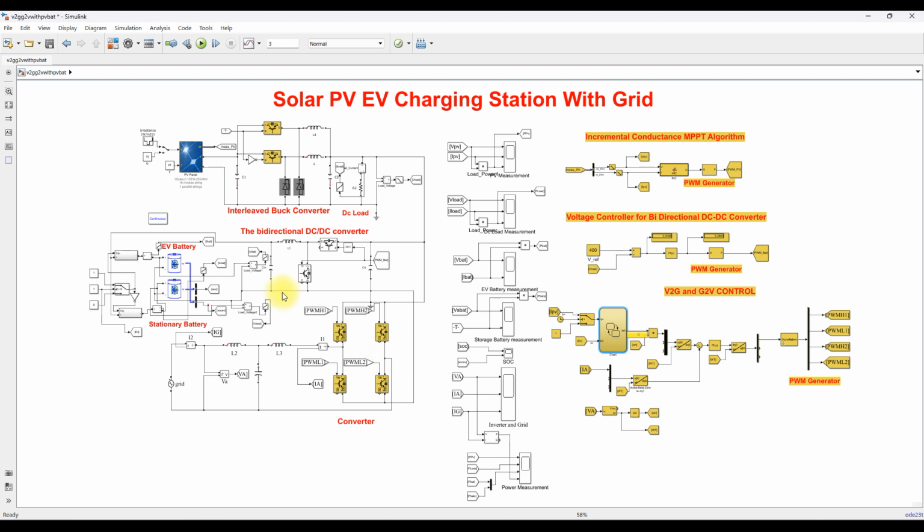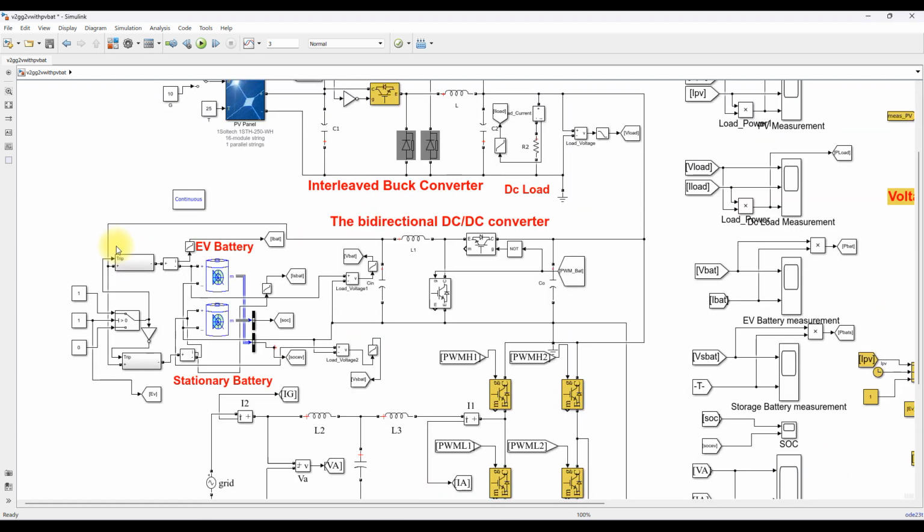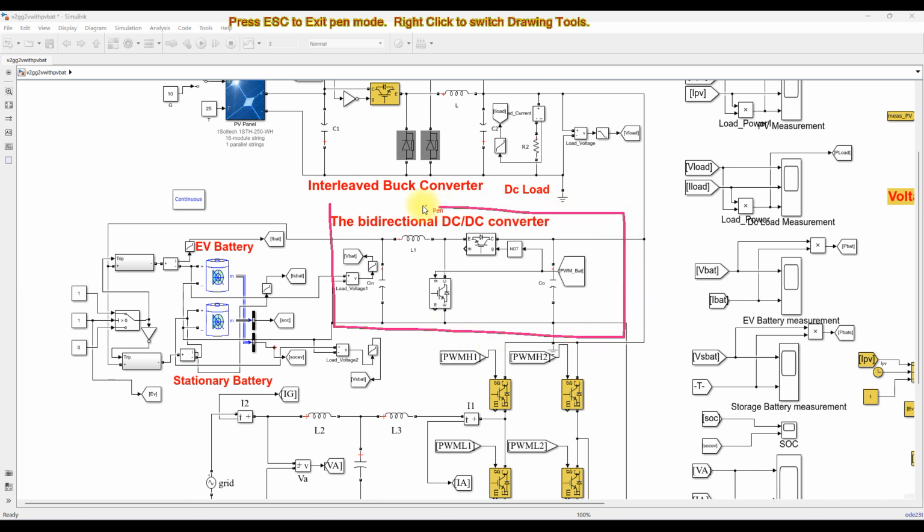Next we have to move on to the EV and stationary battery connection. Here we are using a bidirectional converter. This bidirectional converter is used to connect the battery with the DC bus. That means we have to connect the EV battery with the DC bus, as well as connect the stationary battery with the DC bus.